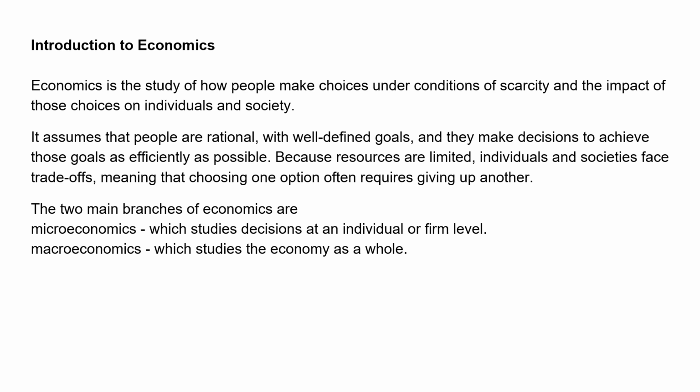Okay, so this sums up all the economic decisions that are taken by any government, whether it be in India or outside. There are two main branches of economics. One is called microeconomics and another is called macroeconomics. Microeconomics studies the decisions that a firm or an individual takes, while macroeconomics studies the economy as a whole.